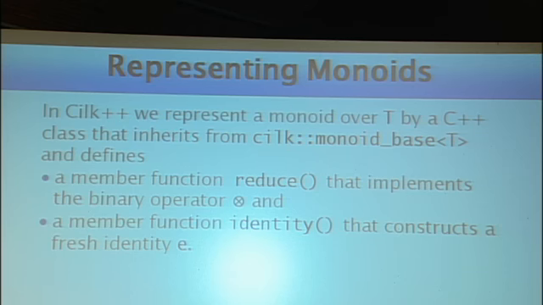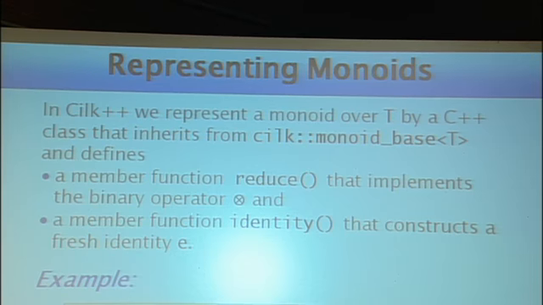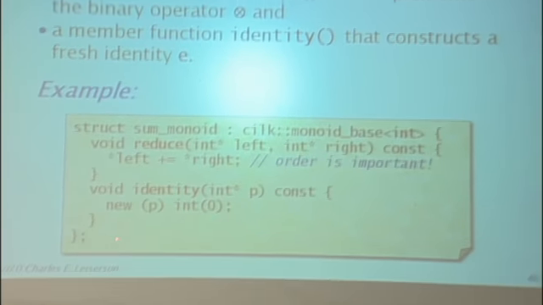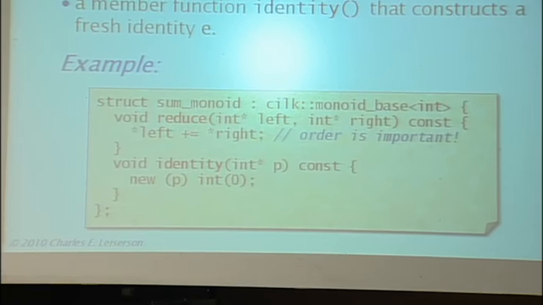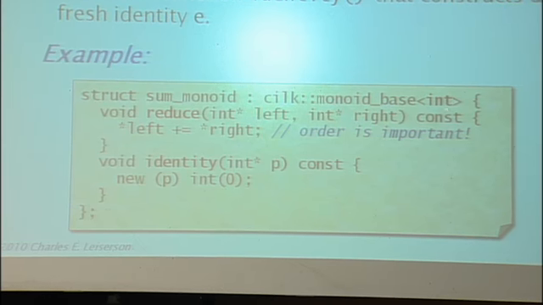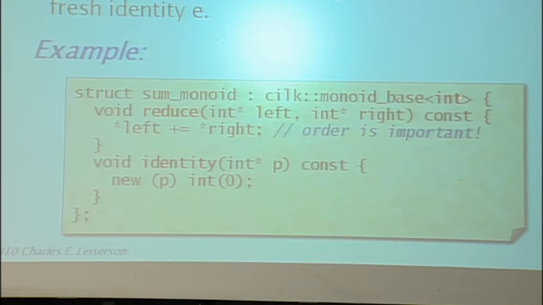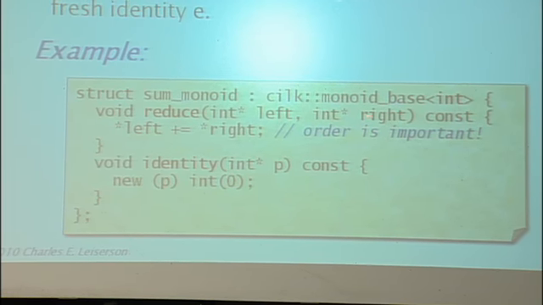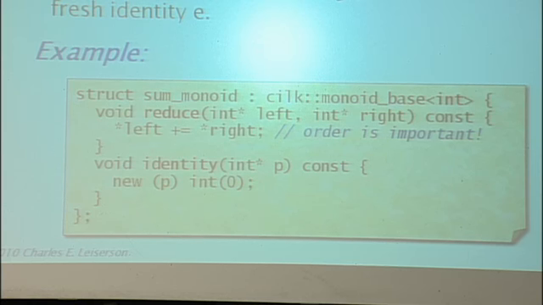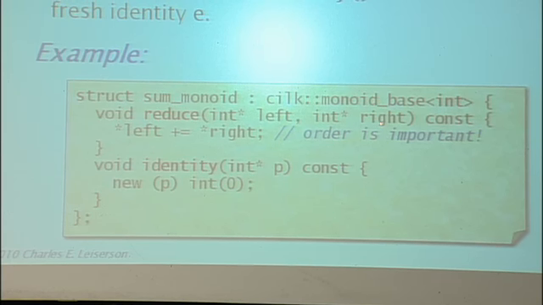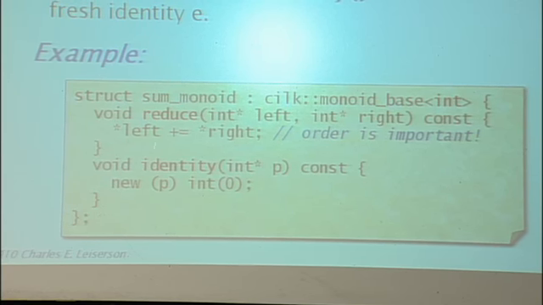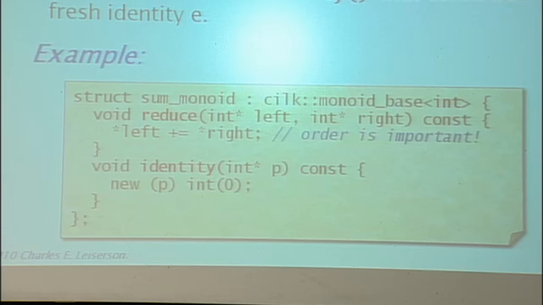So we set up the algebraic framework, and here's, for example, how I could define a sum monoid. I inherit from the base with int, for example, and I define my reduce function, and it actually turns out to be important: you always do the right one into the left. Otherwise, you won't have it be associative.